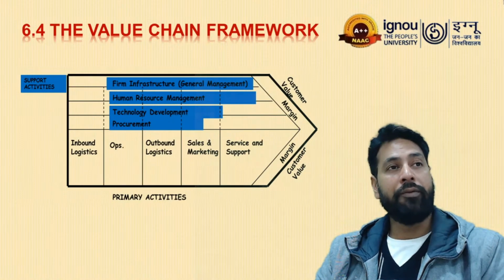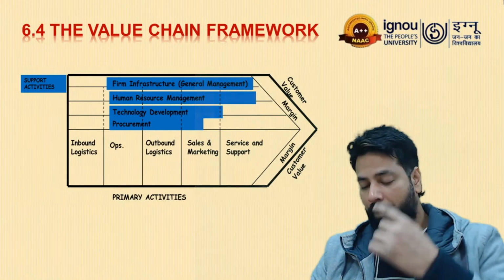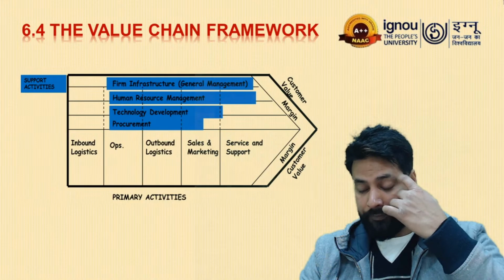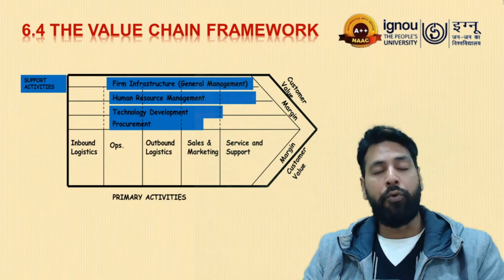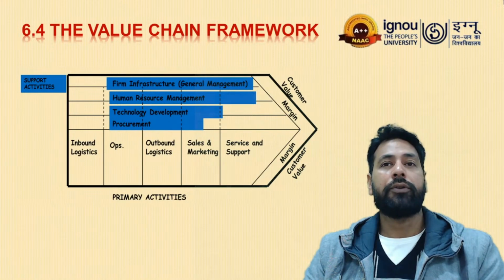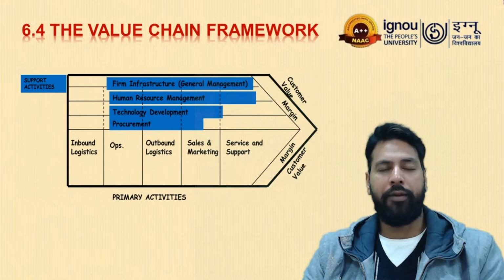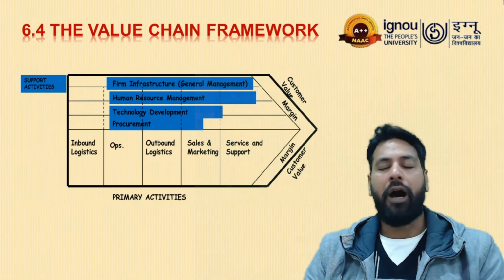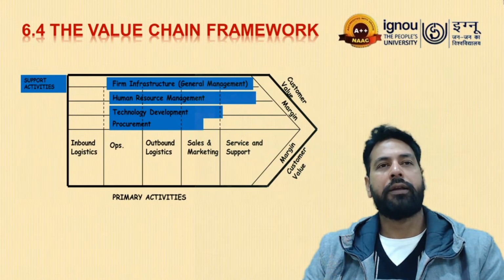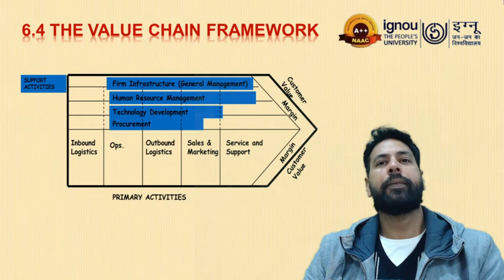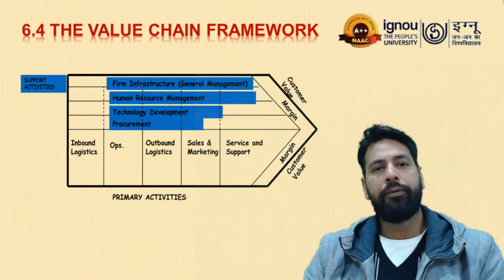Technology development, again, very important. As we have been talking about, digitization has played a big role in today's business environment. So how well adapted or how well equipped you are in terms of the latest technology will also help you.